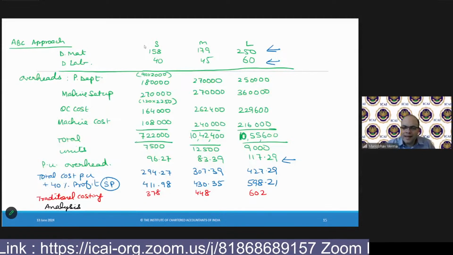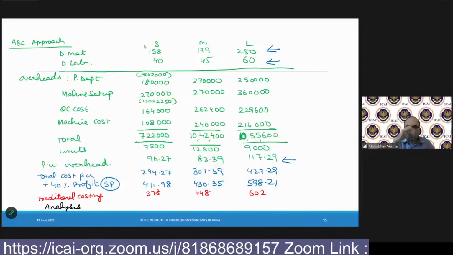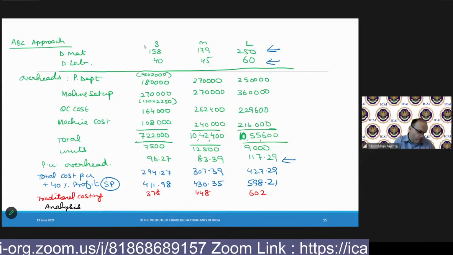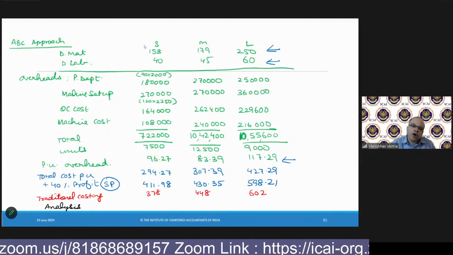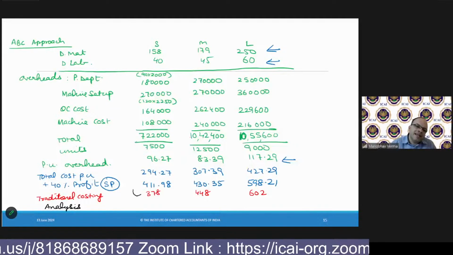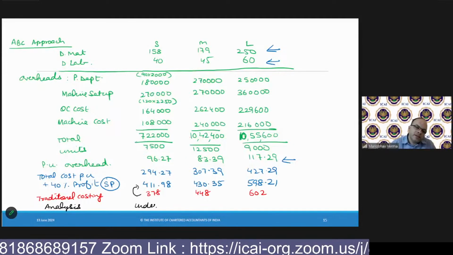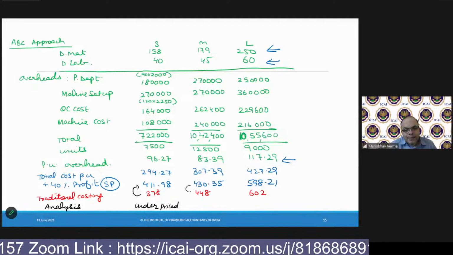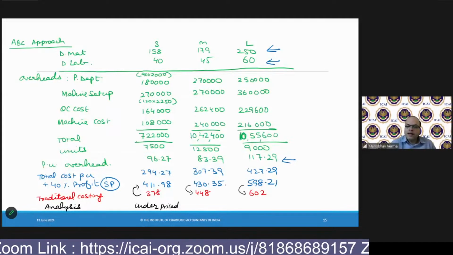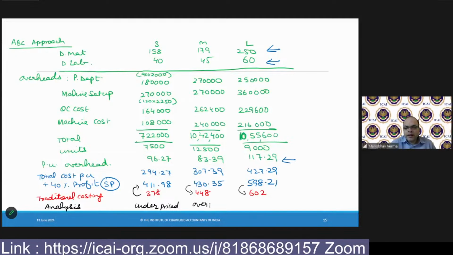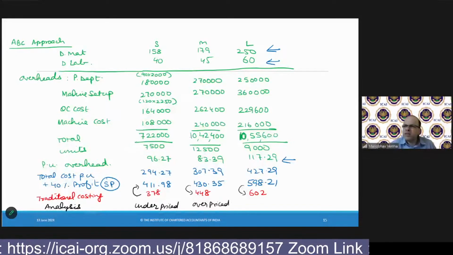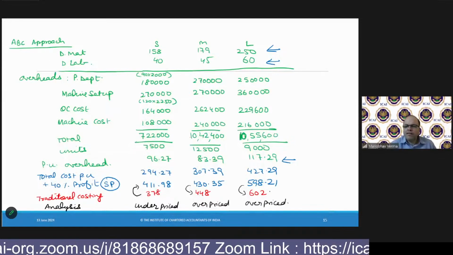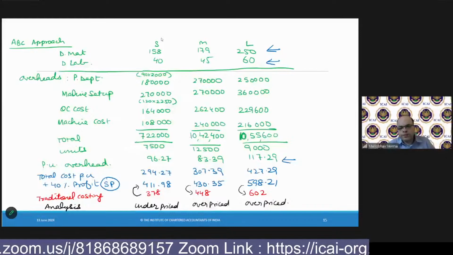People on Zoom can also respond. Sweetie says S is underpriced because you are pricing it at 378 instead of 411, so it is underpriced. Similarly, the other two products are priced differently. I think 18 per unit was overpriced in terms of M. I would say L is almost the same, but slightly overpriced. Instead of 598, you're making it 602.